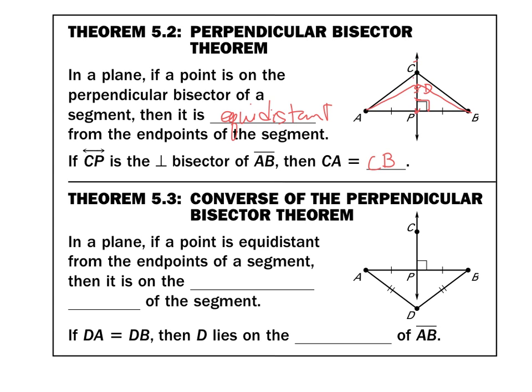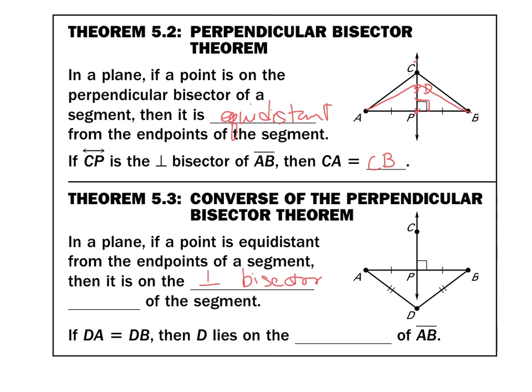Okay, and then the converse is that if a point is equidistant from the endpoints of a segment, then it is on the perpendicular bisector of the segment.